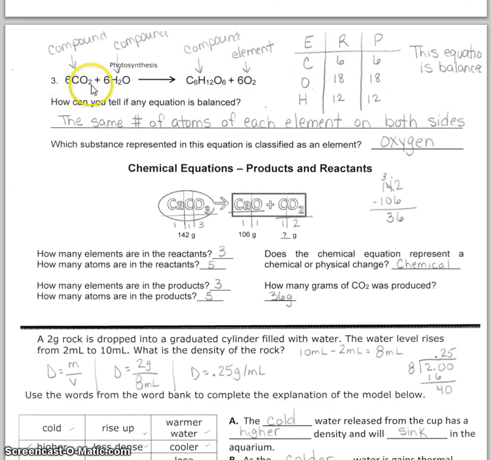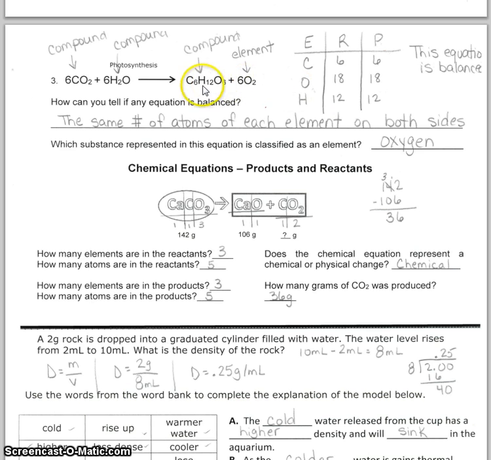I take the 6 times the 2 oxygens to get 12 oxygens, plus the 6 oxygens over here in this compound for a total of 18 atoms of oxygen on the reactant side. And then the coefficient 6 times the 2 hydrogens gives me 12 hydrogens on the reactant side.